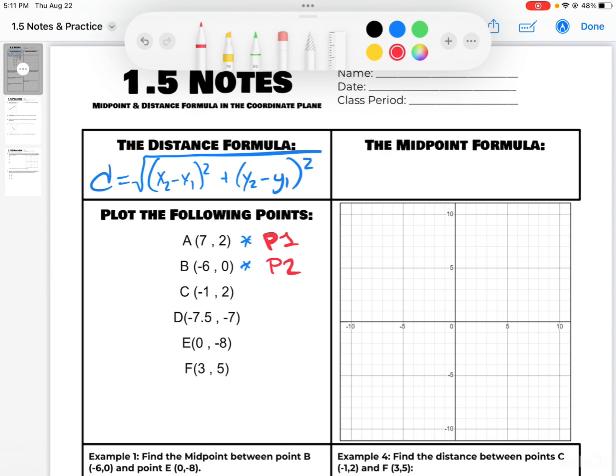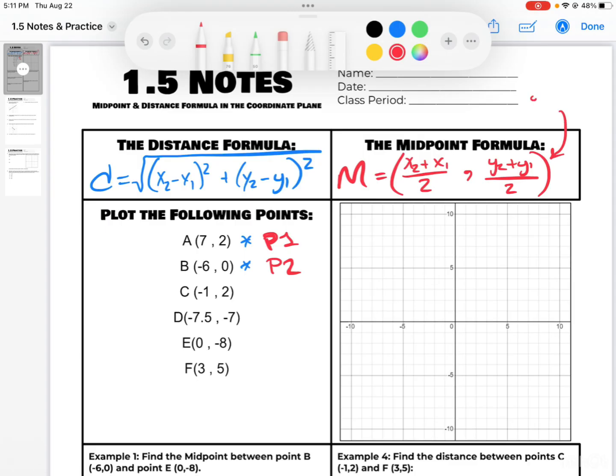Our other formula is our midpoint formula. For the midpoint, we have midpoint equals, big set of parentheses, x2 plus x1 divided by 2, comma, y2 plus y1 over 2, close parentheses.